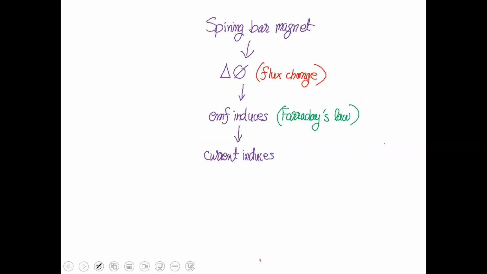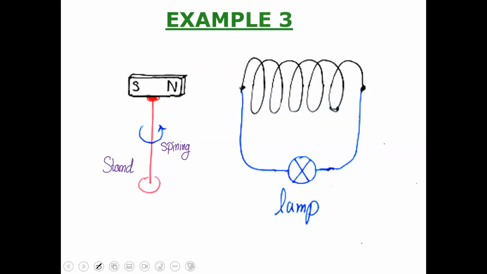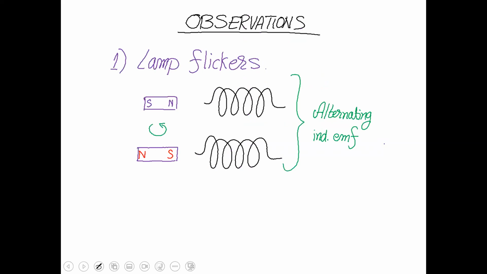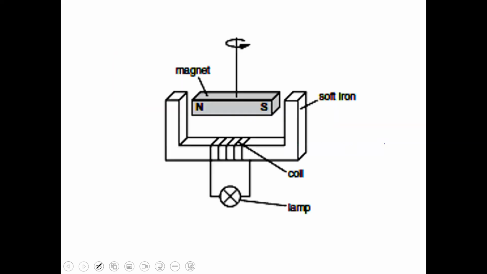Why is it flickering? Because the bar magnet is spinning, so it is getting closer to the solenoid and then away from the solenoid. Secondly, north faces, then south faces, then north faces, then south faces. So the output is a flickering, alternating EMF.